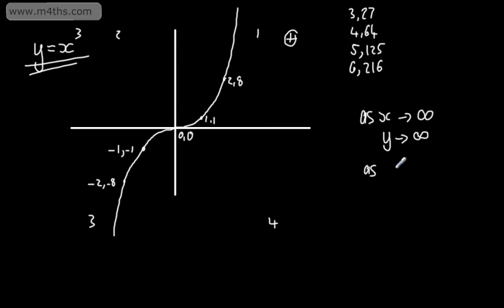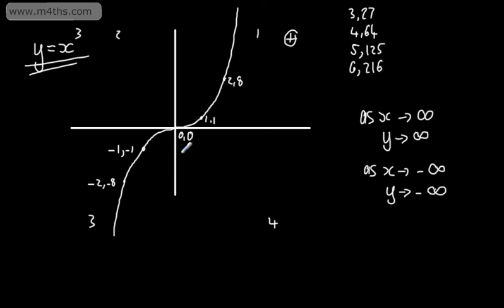We can also say as x tends to negative infinity, i.e. the negative portion of this, we will also have that y will tend to negative infinity. So we can see as the magnitude or the size of x gets very big, y also gets very big. So that's the general shape of a positive curve. So positive cubic curve will look something like so.